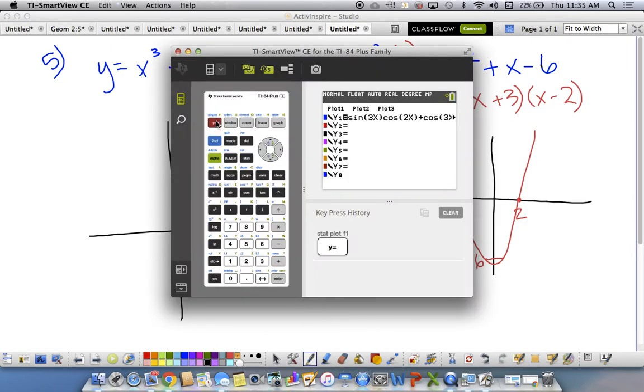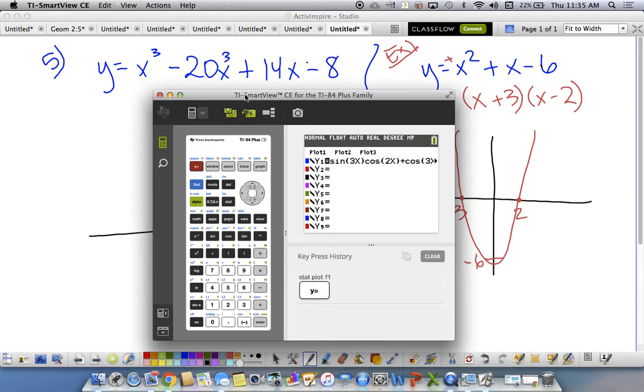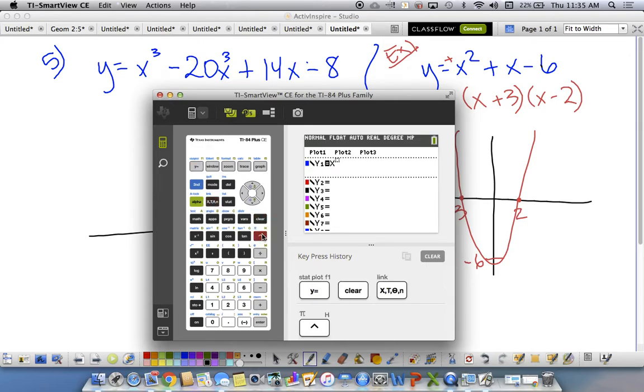Okay, so if I go in, I need to see my equation. Y equals, I'm clearing all that, I've got x cubed minus 20x squared plus 14x minus 8. We cannot see it. It has to be zooming or zoom out.